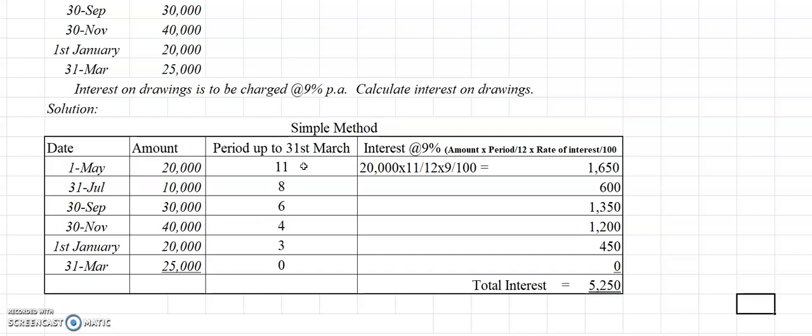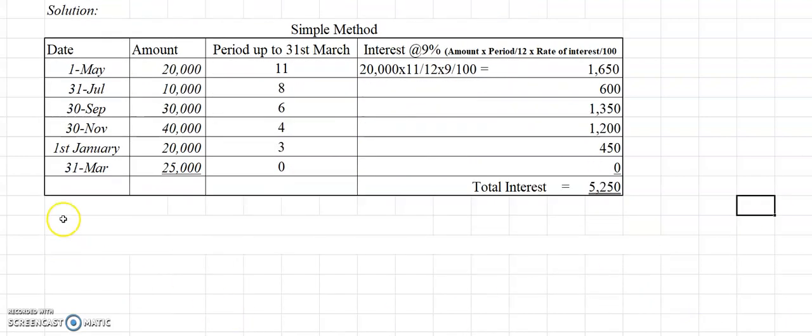Then next, 10,000, that is there for 8 months. 10,000 into 8 divided by 12 into 9 by 100, 600. So like that we will get for all the drawings, and the total amount of interest we have got here is 5,250.